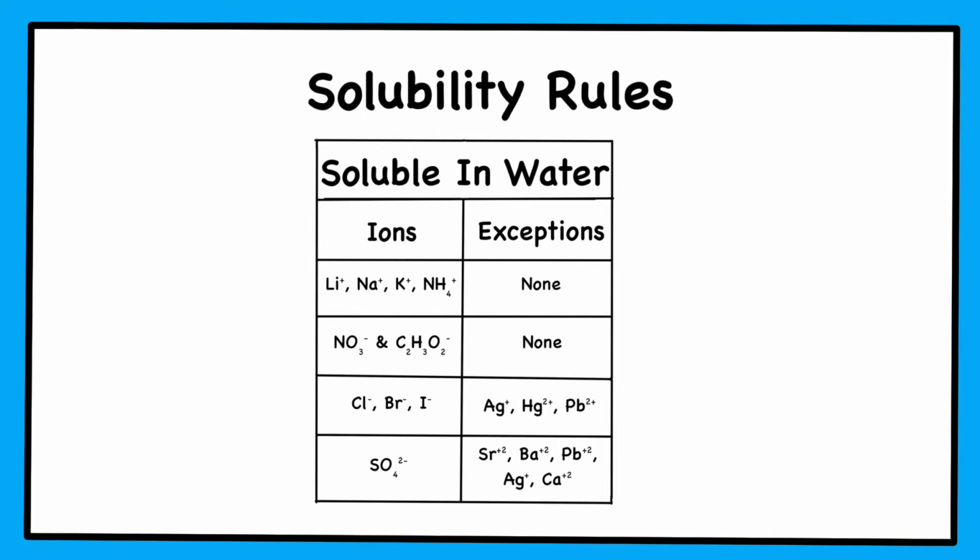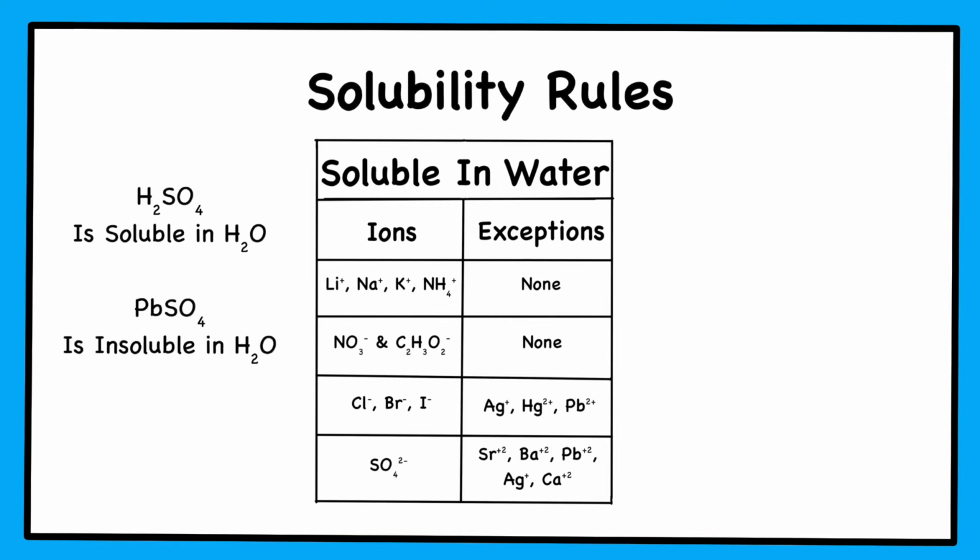Our final anion that is soluble in water is a sulfate anion, or SO4 2-. The only time this substance is insoluble in water is when it is paired with strontium, barium, lead 2, silver 1, or calcium cations. So H2SO4 would be soluble in water, but PbSO4 would not be.